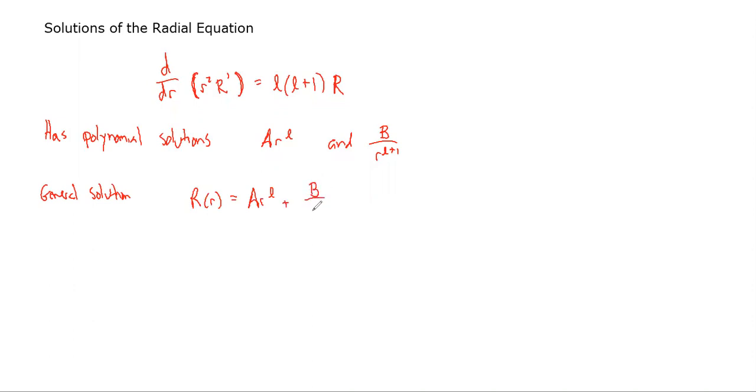And if you don't believe me, you can plug these in and see that they work. So isn't separation of variables great? After all that work and that terrifying looking equation, this is what you get, just a polynomial. It's wonderful.